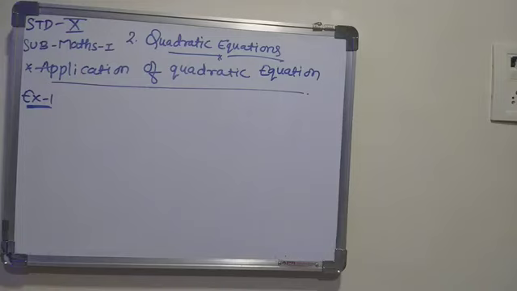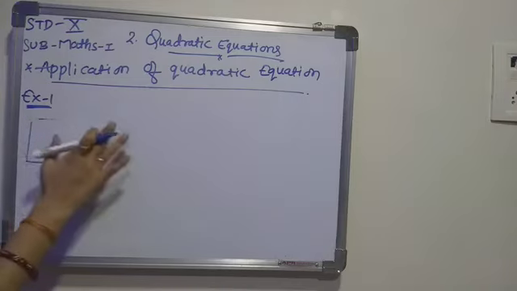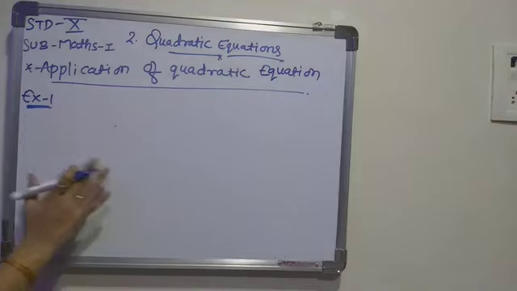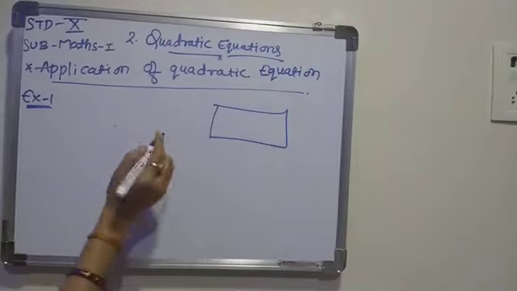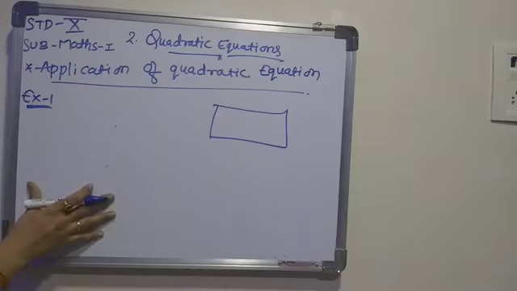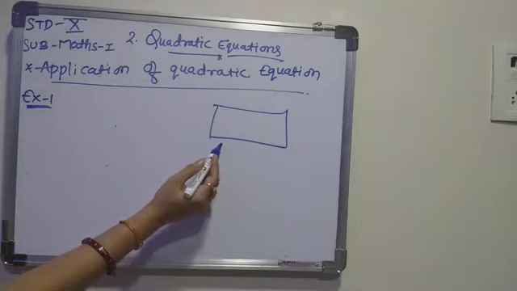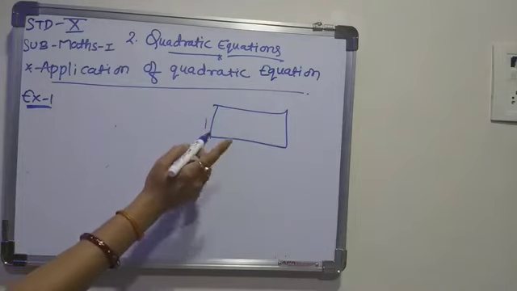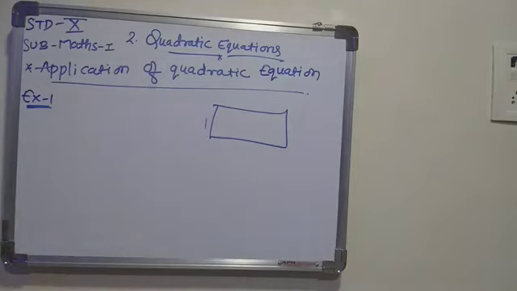So it means there is a rectangular storehouse. It's a storehouse, meaning it's a two-dimensional figure. The first condition is the length of the rectangular base is more than its breadth by 7 meter. So first we are going to assume the breadth.